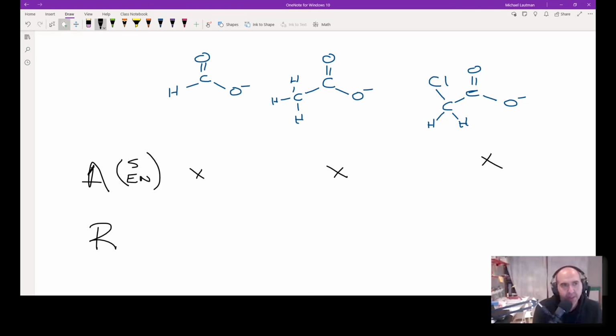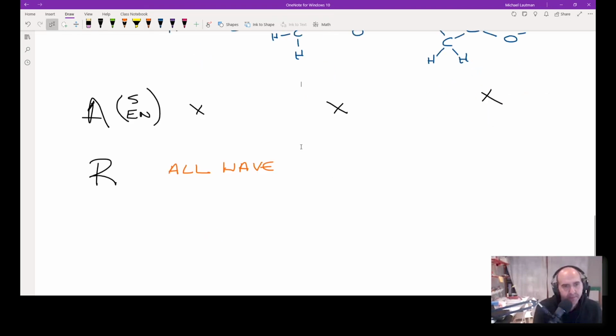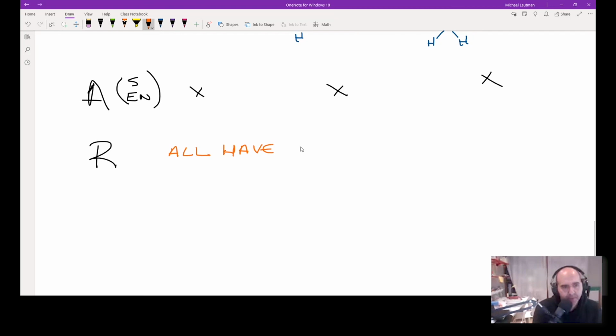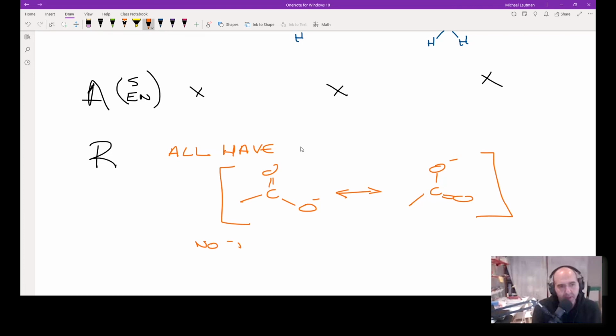The rest of the molecule is all single bonds, and they all have the same resonance. So again, no difference. So we need to find something else.